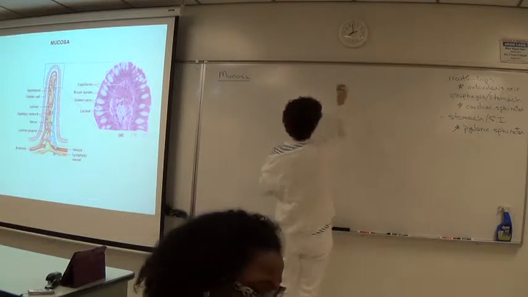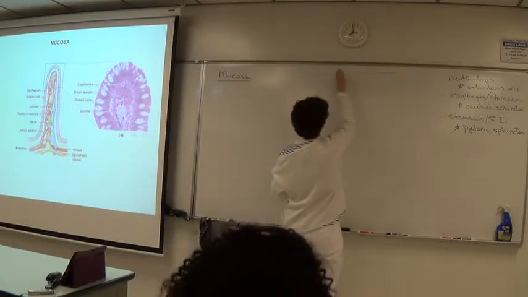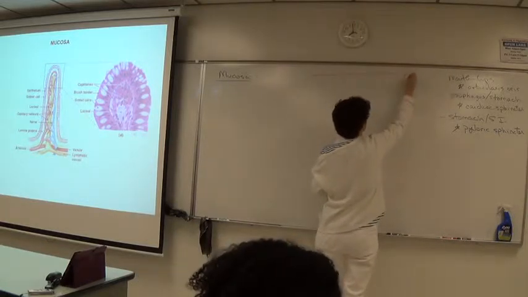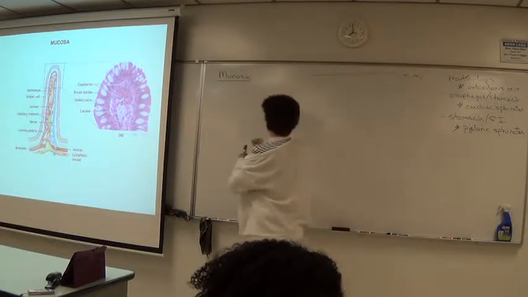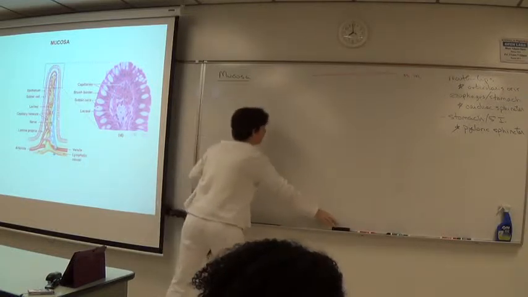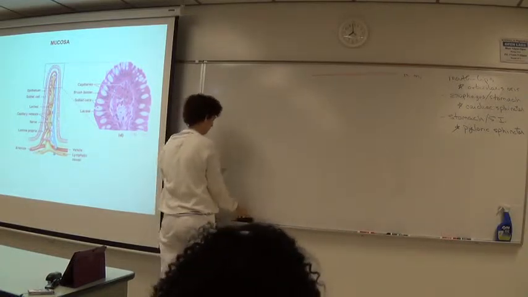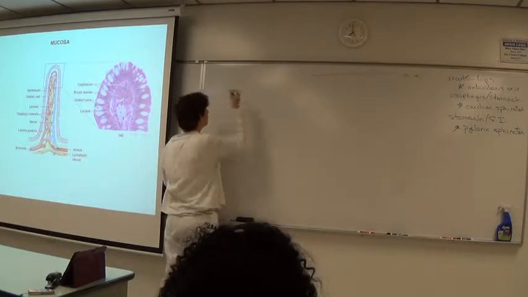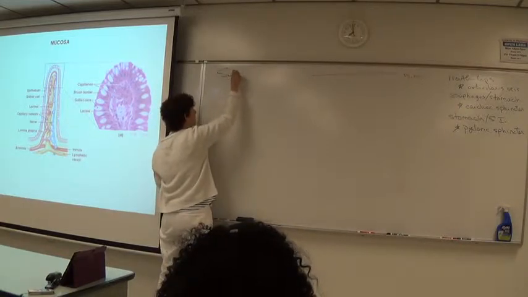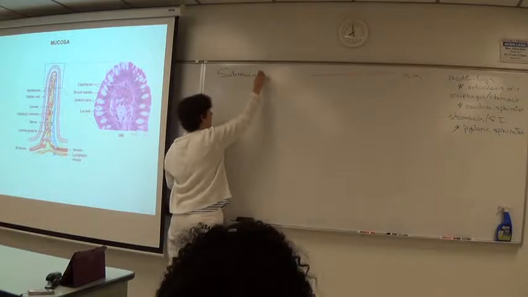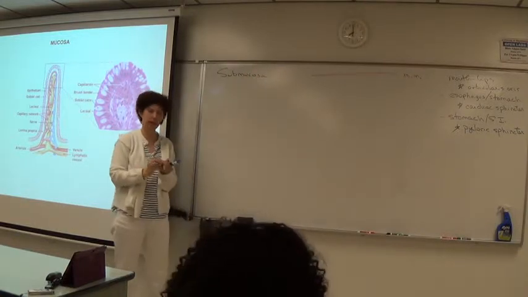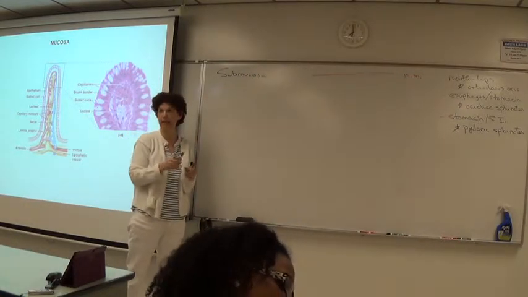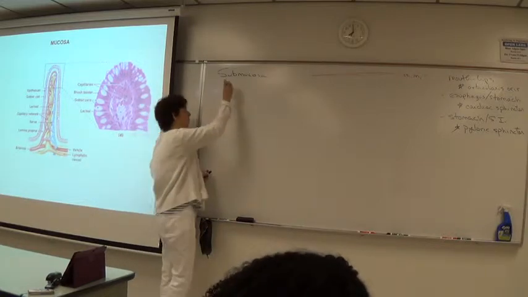So we'll move our muscularis mucosa up here a little bit higher. So our standard tissue for the submucosa is just a dense, irregular connective tissue.